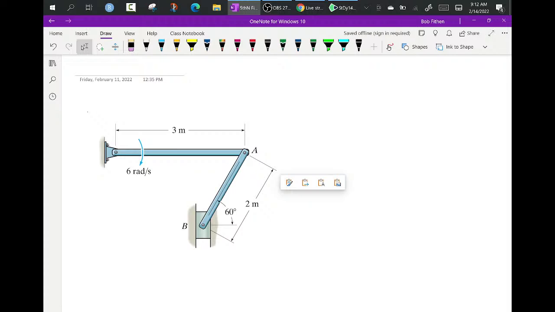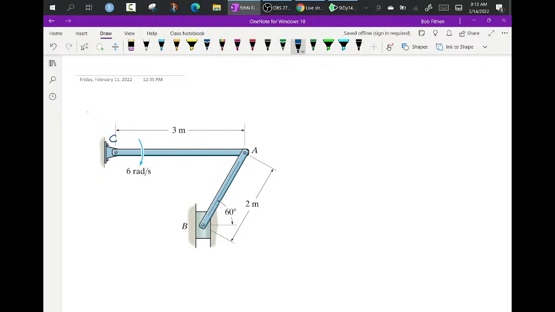Okay, so the key here is, I think I'm going to write the equations. I'm going to do like what he said first, and then write the equations, and then go and solve the equations. So, unfortunately, he did not label this one. He did label that point, and he did label this one. So I guess I'm stuck labeling this one a C. Now I'm going to go all the way through it.